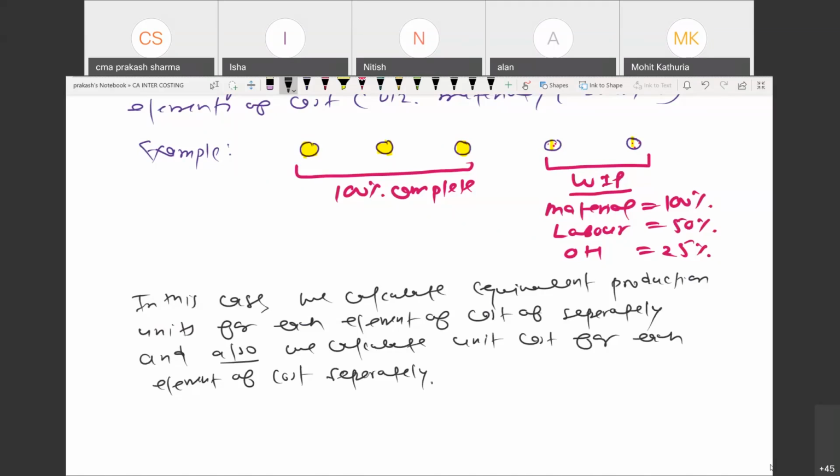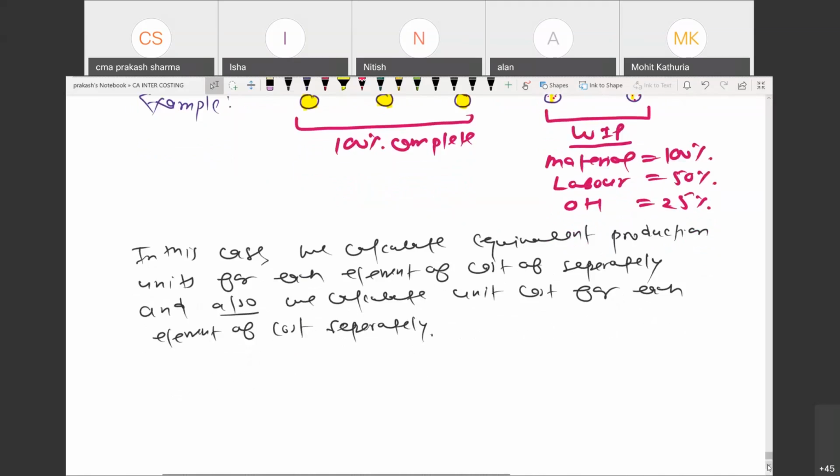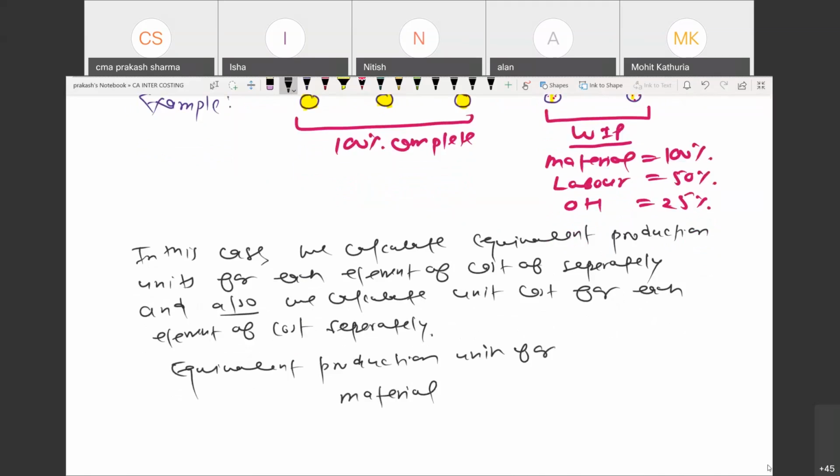Okay sir, so what I would do, I will calculate equivalent production units separately for material, for labor and for overhead. So in this case, equivalent production units for material. 3 units are complete, 2 units are 100% complete in respect of material. So it would be 3 plus 2, 5 units.